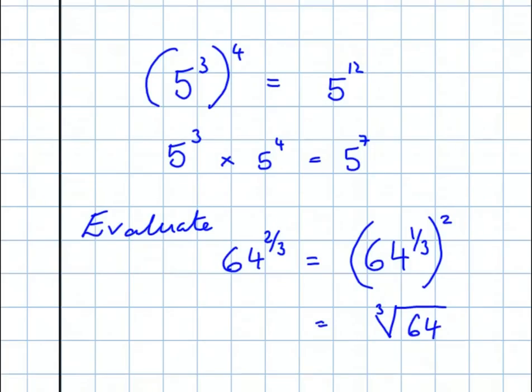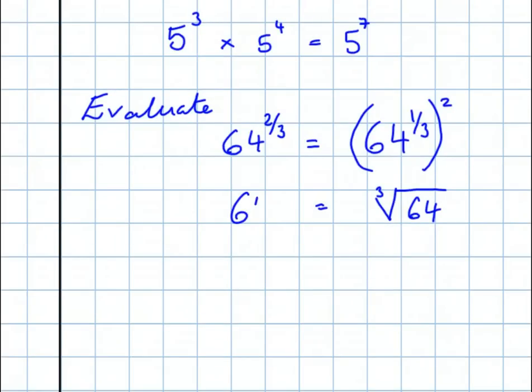What number times itself three times gives us 64, and the answer is 4. So 64 to the 1/3 is 4. So 64 to the 1/3 all raised to the 2 is going to be 4 squared. We're going to square that answer to give 16.